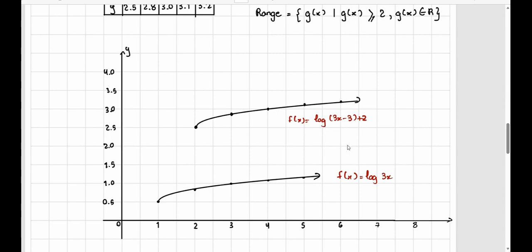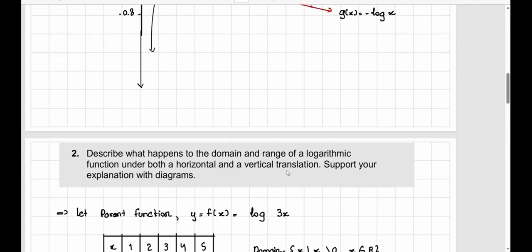So the value of d is only going to be 1 in this situation. So it's going to be shifted 1 unit. And for the value of 2, it is a vertical translation upward 2 units. So if we check, 0.5 plus 2 is 2.5, and then it is correct. So this is my answer for number 2.